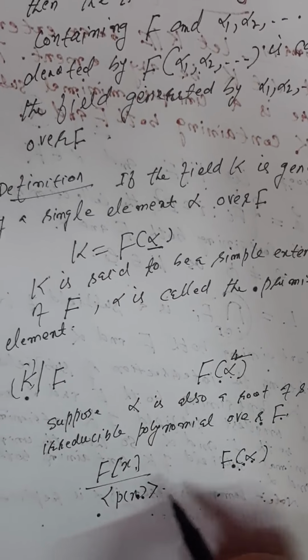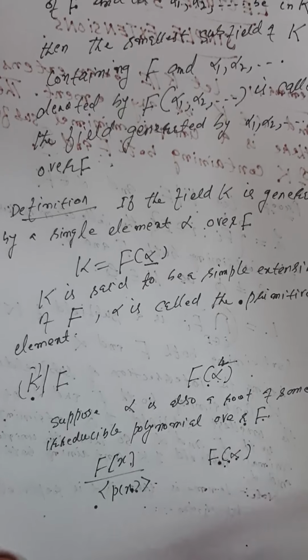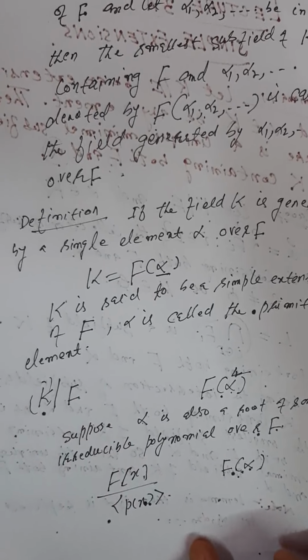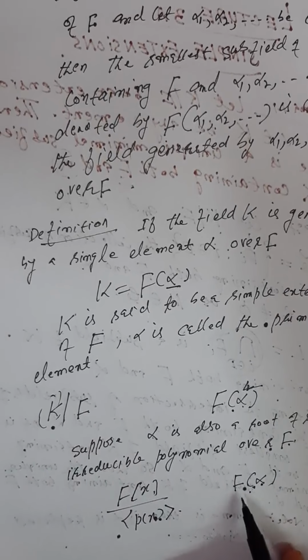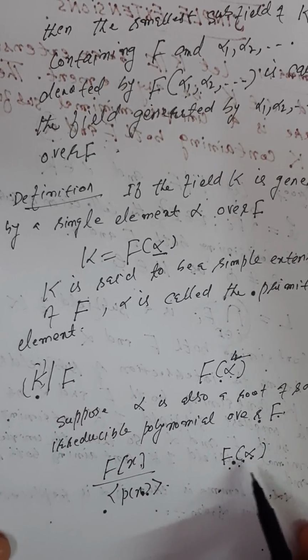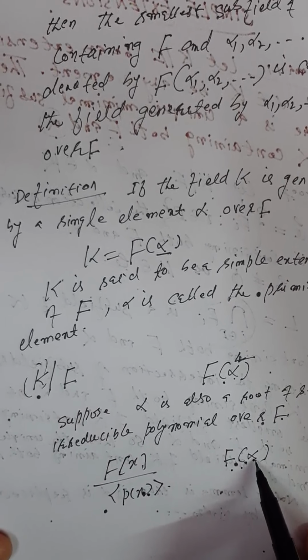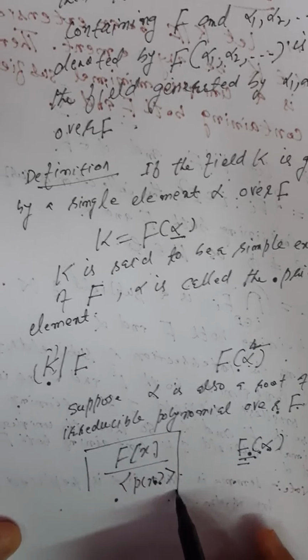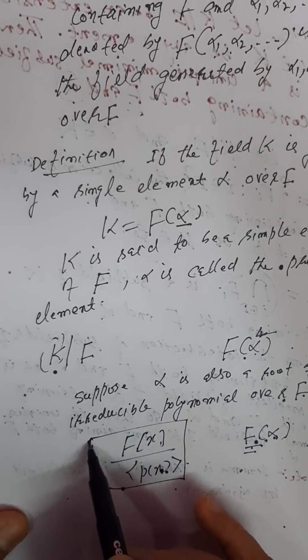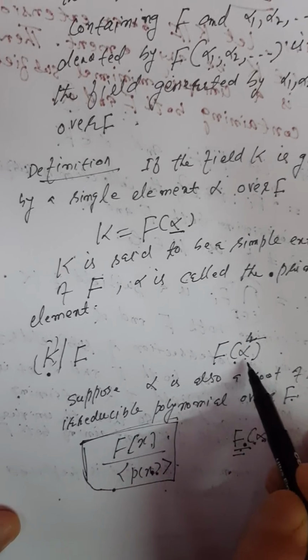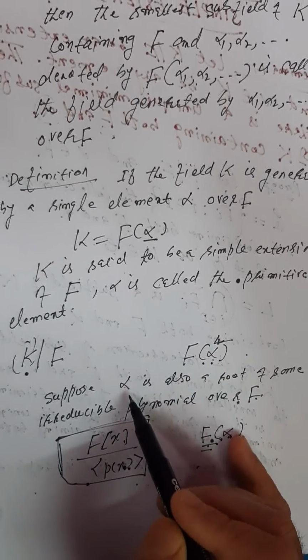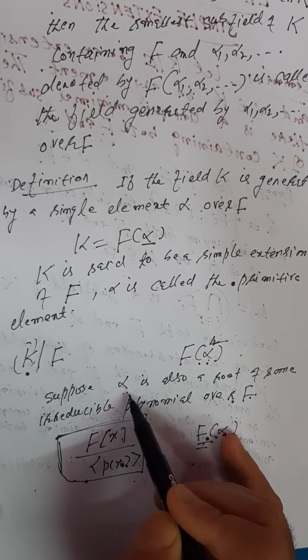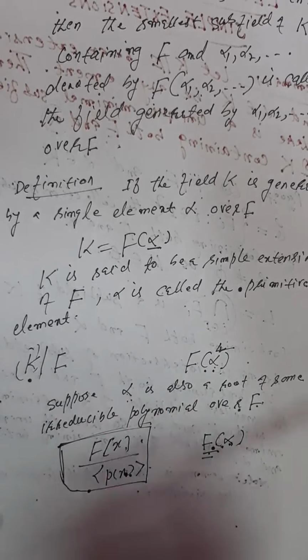In fact, they are going to be isomorphic, as we would see in the next theorem. So if they are isomorphic, then because this is the smallest extension of F containing alpha, this field would be the smallest extension of F containing the root of the irreducible polynomial p(x). So alpha is a root of p(x).